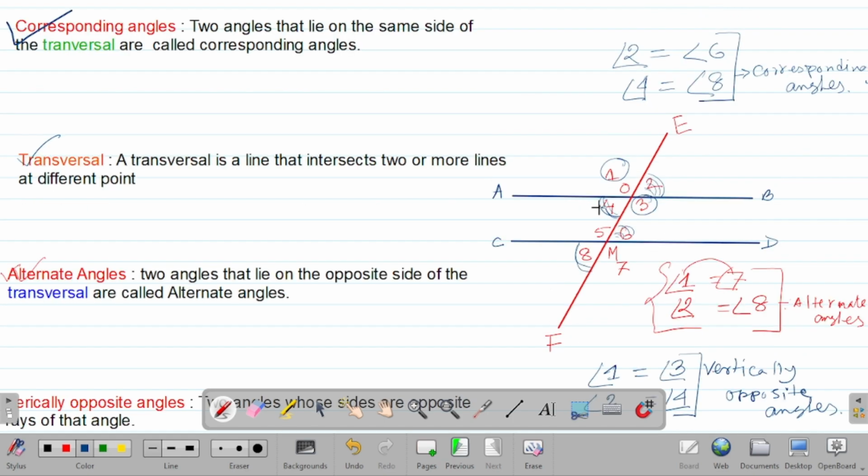If we focus on angle 4 and angle 6, which are alternate angles on opposite sides of the transversal, these two angles are also called alternate interior angles.